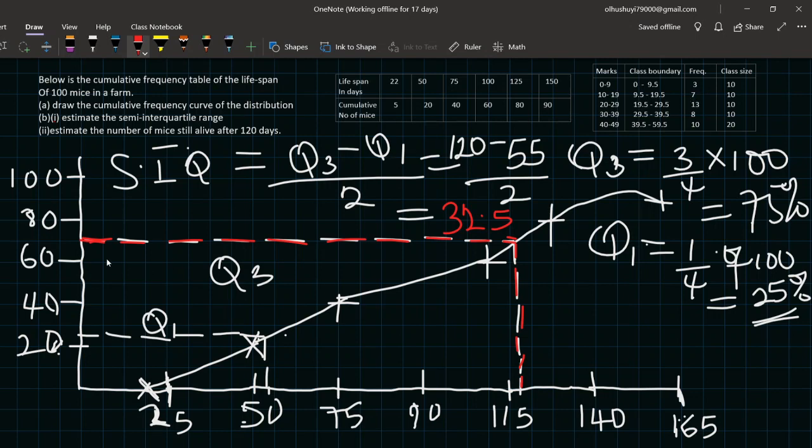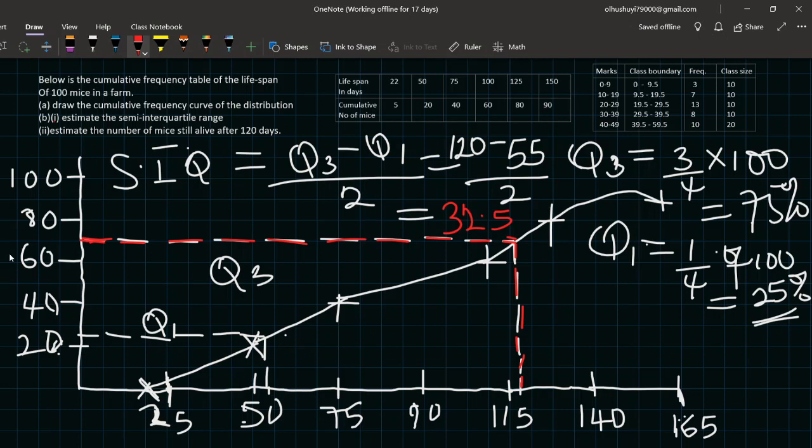The same thing we will do here. This is already 70. So we remove this 70 from 80. What will be that? 80 minus 70, that is 10.